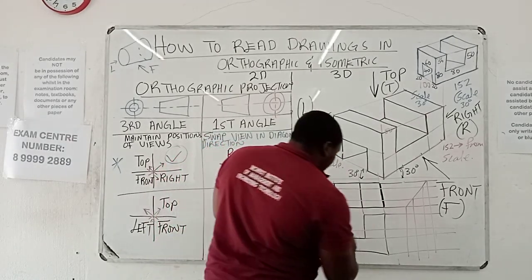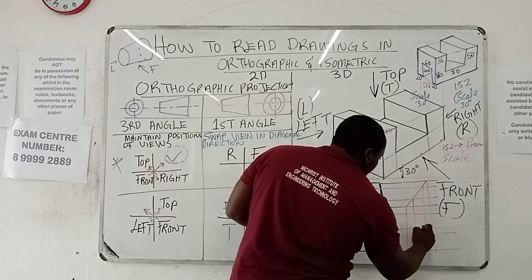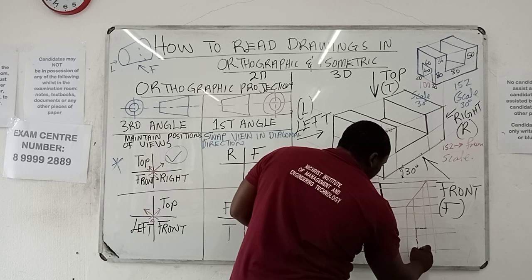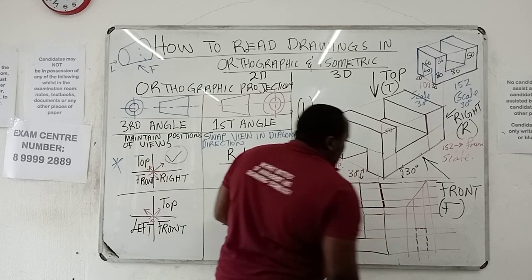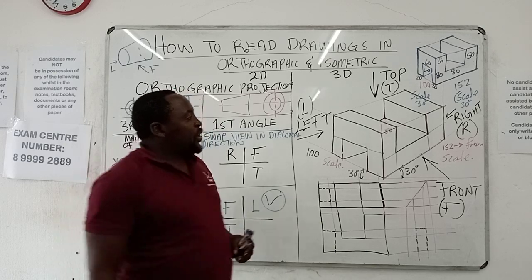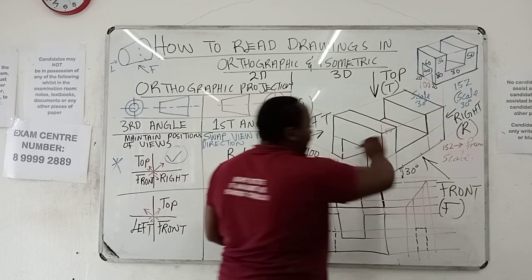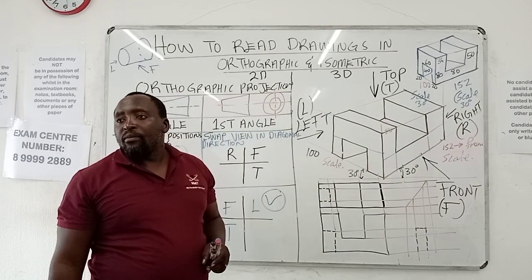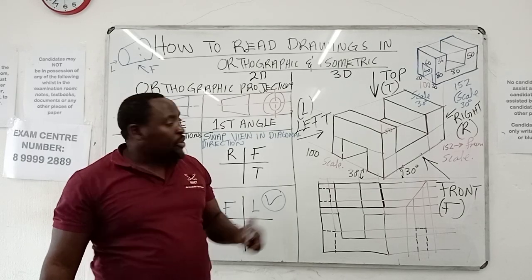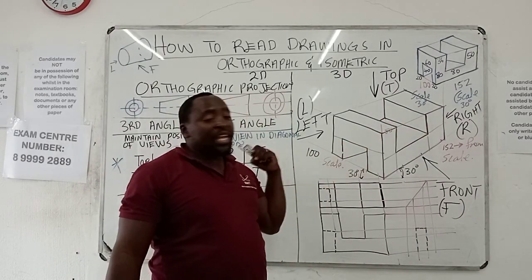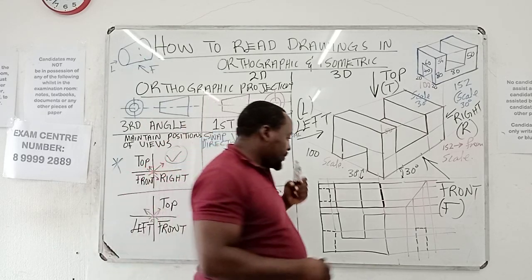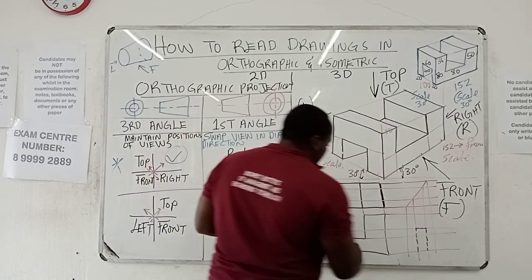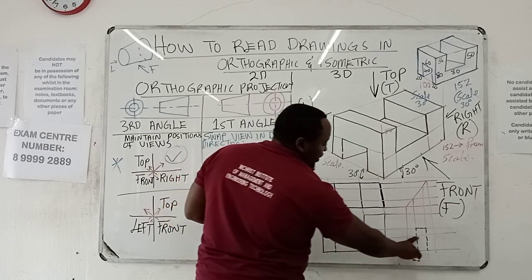So my drawing, I will follow this line. I'll come here, dashed line. Down, dashed line. I've drawn dashed lines because I'm looking from the right, not the left. I'm looking from the right. This is on the left. I can't see it. It's far end. Then in this one, can you see this line here?